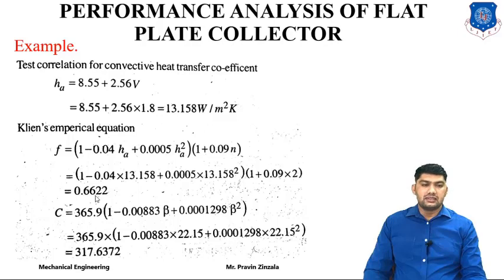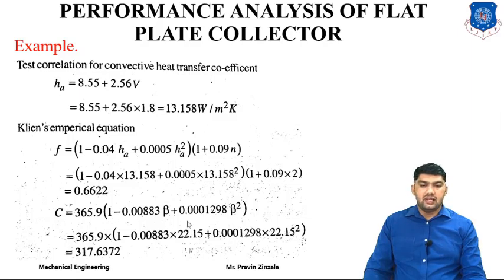F is equal to 0.6622. Here also the second constant C is equal to 365 into [9] into [1 minus 0.00883 beta plus 0.000128 beta squared], where beta is our surface tilt.